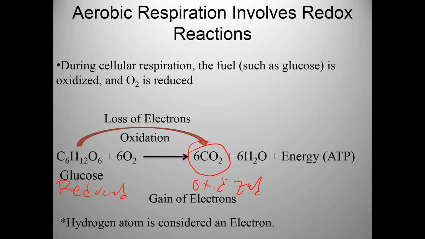You have one molecule of glucose with 6 carbon atoms. Look here, you have 6 molecules of carbon dioxide. So the carbon atoms from glucose are the same carbon atoms that are released as CO2.